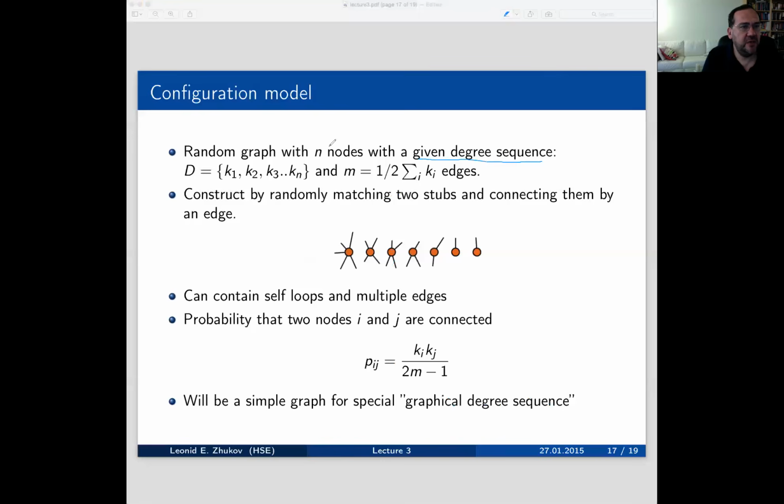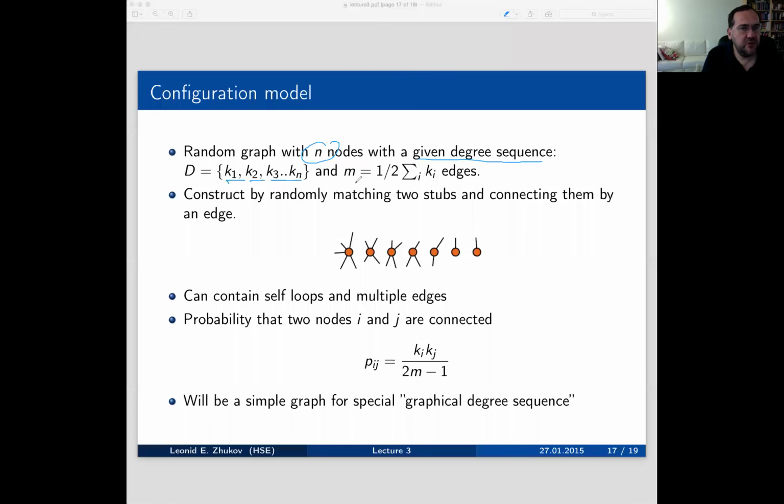So the idea is the following. We'll have n nodes, and we'll provide a degree sequence for those nodes. We'll literally say, okay, the first node will have degree 1, the second node will have degree 5, the fourth node will have degree 15, etc. So we'll just forcefully say what the node degrees will be.